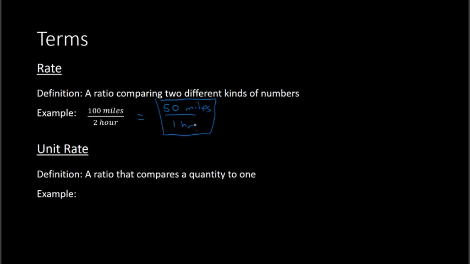All right, it doesn't need to be miles per hour. It could be some other expressions we are comparing, but whatever we are comparing, the unit rate is usually what we are looking for, which would be something over 1. All right, so 50 miles over 1 hour is my unit rate.